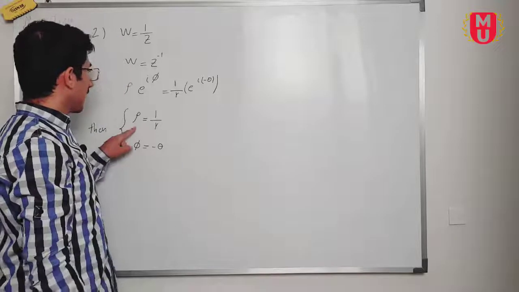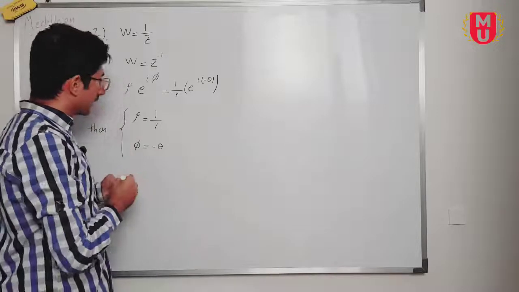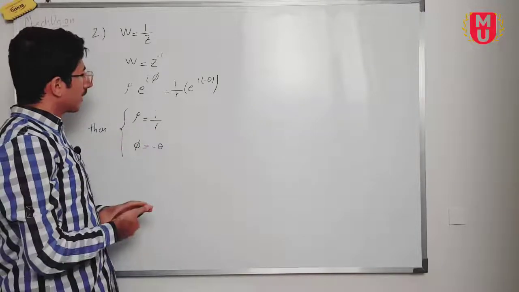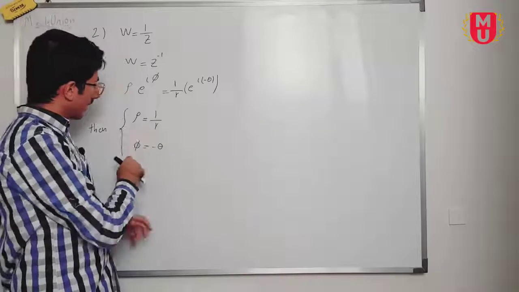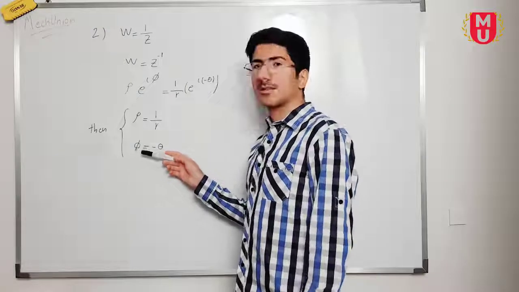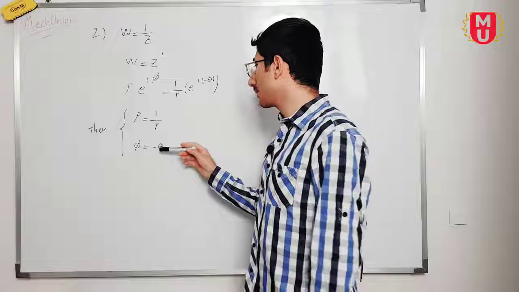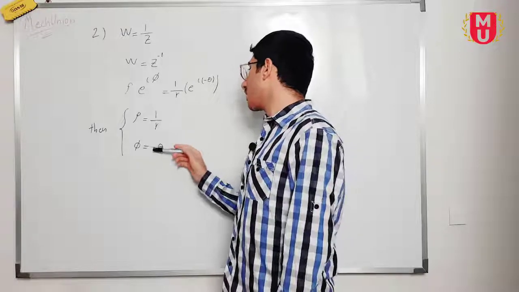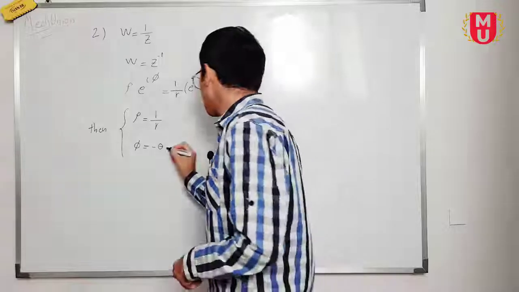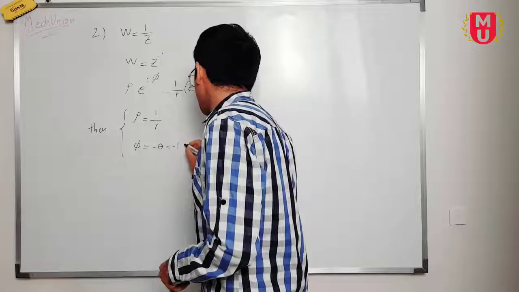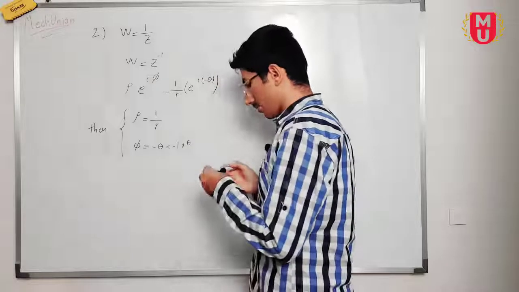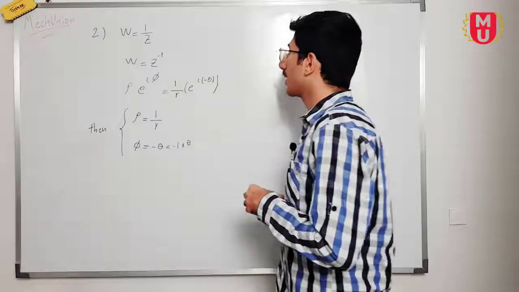It shows that the distance between points and center becomes inverted, and the angle between points and the positive side of the real axis becomes minus 1 times, you simply multiply by minus 1. This is how to clarify.